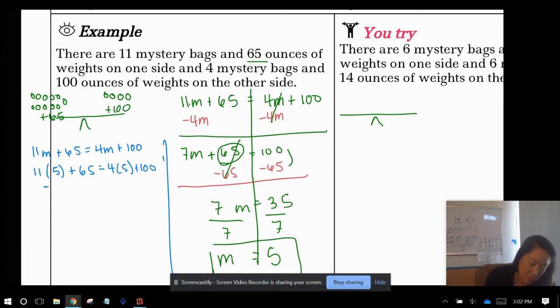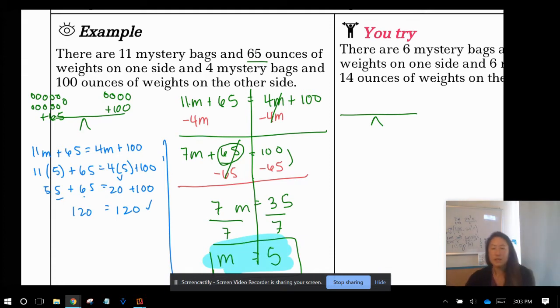So 55 plus 65 is equal to 4 times 5 is 20 plus 100. On the right-hand side, I see that's 120. And on the left-hand side, 55 plus 65 is also 120. So my answer of m equals 5 verifies to be the right answer.